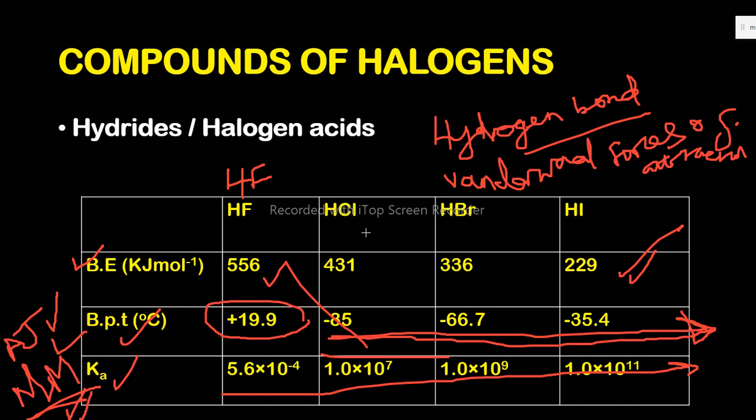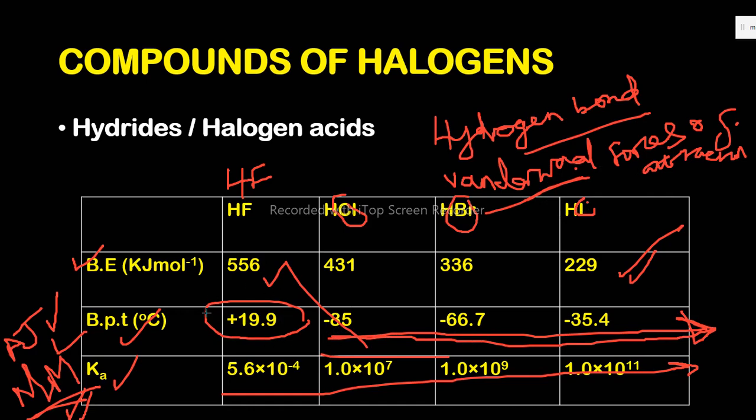And so when they become close together, they strongly attract each other, which increases the magnitude of the van der Waals forces of attraction. So as you go down the group, the molecular mass increases, the sizes increase, and so the strength of the van der Waals forces increases, and so more energy is required.